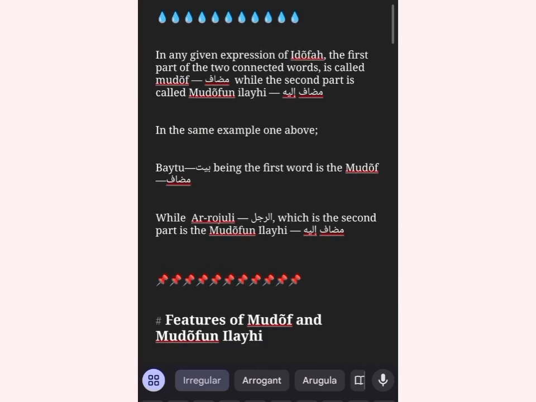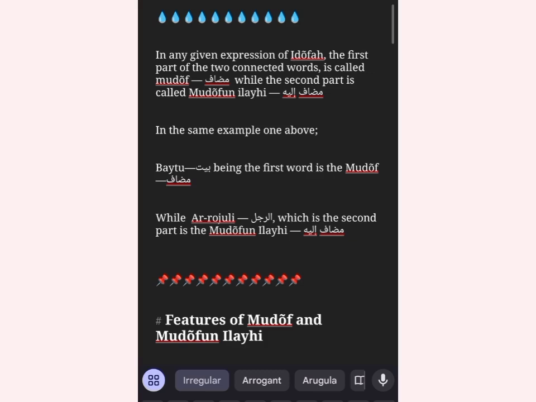We are trying to understand right now, and it is actually a fact that in any given expression of an idafa, let's look at it. We mentioned that an idafa expression contains two parts. It contains the first part that is added to another part, and it contains a second part which receives the other.